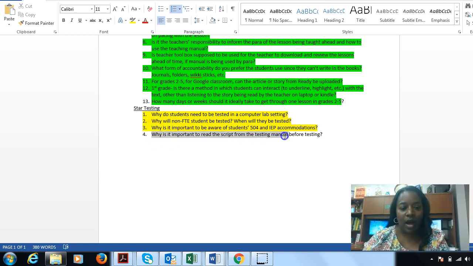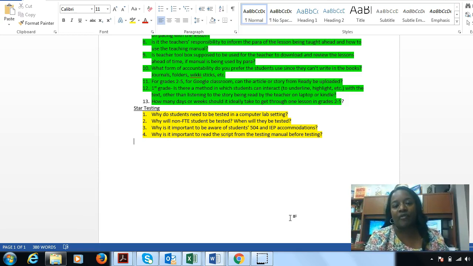Number 4 is, why is it important to read the script from the testing manual before testing? Were you guys just messing with Sophia, asking why is it important to read the script? You read the script because there's a script, and a script normalizes what is being said to students. All jokes aside, it's important. Just like with FSA, there is a script.